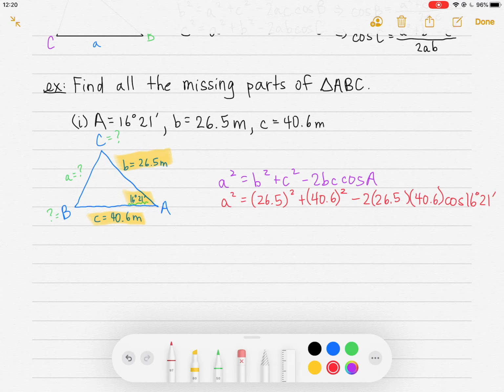And I will be looking for an exact answer and an approximation on your test.